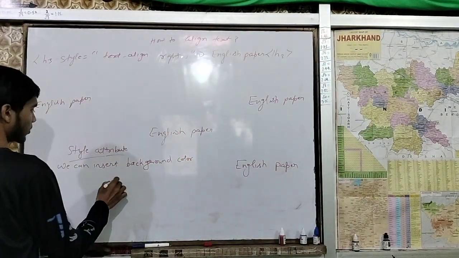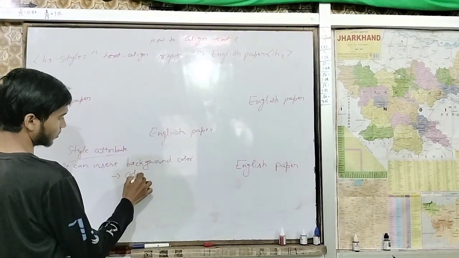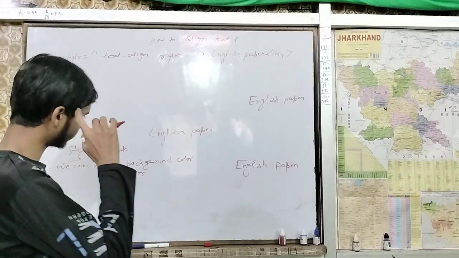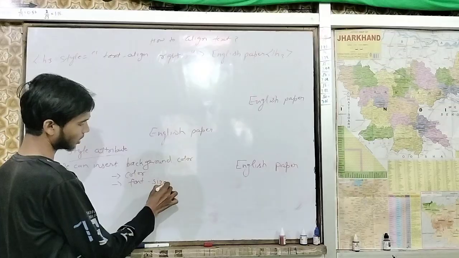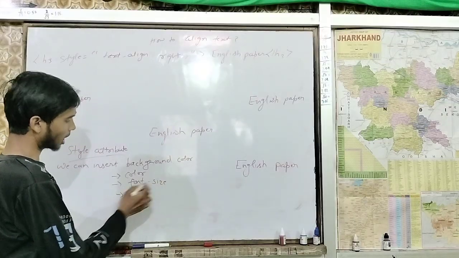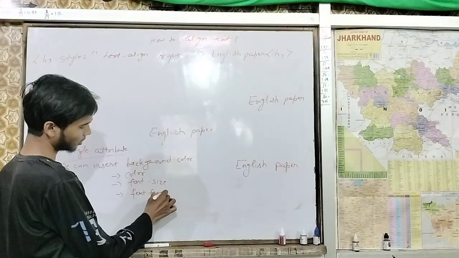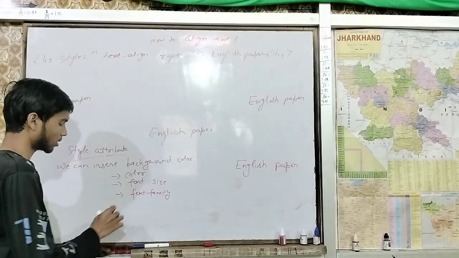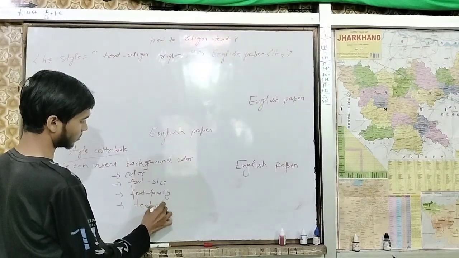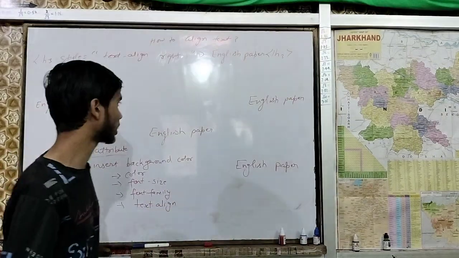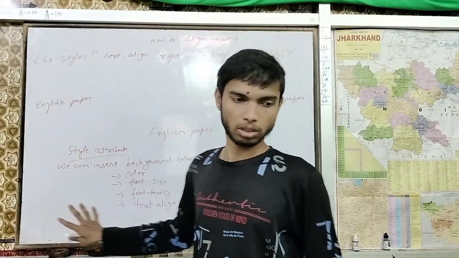We can also insert color. We can also insert font size. We also inserted font family. Then here we saw text-align. All this can be done just by this style attribute. Okay.